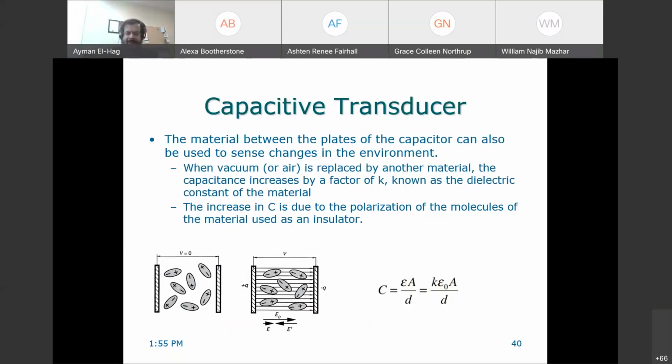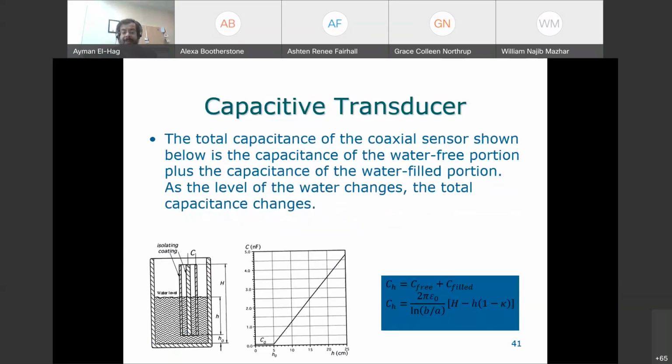This is the explanation of the capacitance. I will not go through this because we already explained it. But let's understand the principle here. As I said, you change the capacitance by changing either the material inside or the dimension. In this type of sensor, we don't change the dimension, but we change the material.